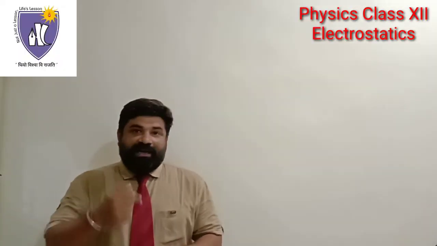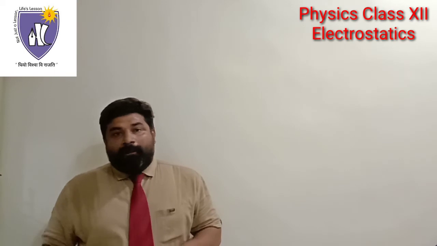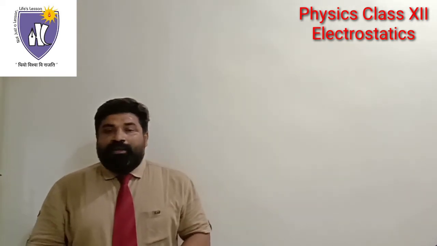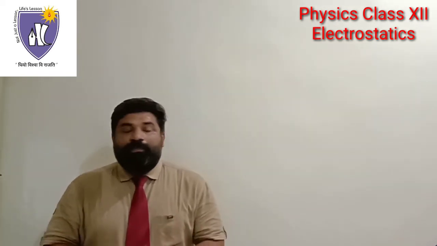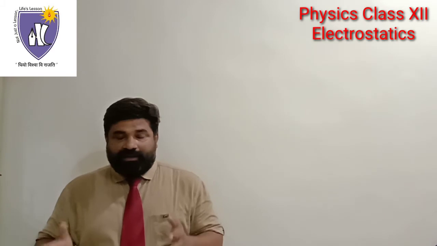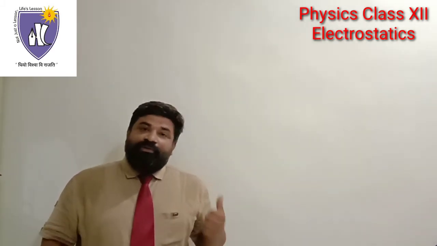The first difference I discussed earlier: electrostatic force is a force of attraction and repulsion also, but gravitational force is always a force of attraction. Now the second difference: gravitational force does not depend on any medium. It is independent of the medium. But the electrostatic force depends on the medium in which the two charges are kept.